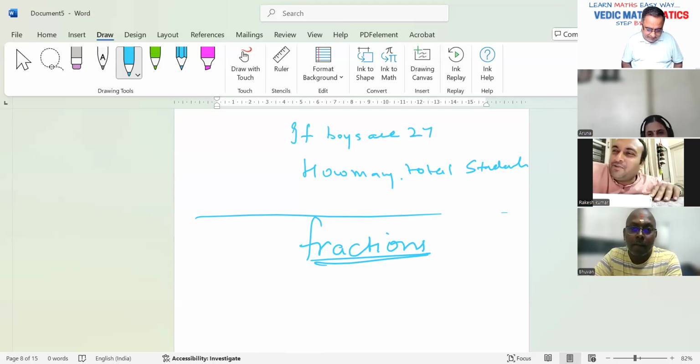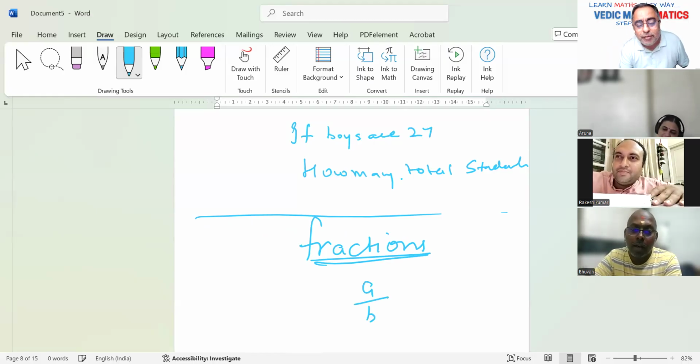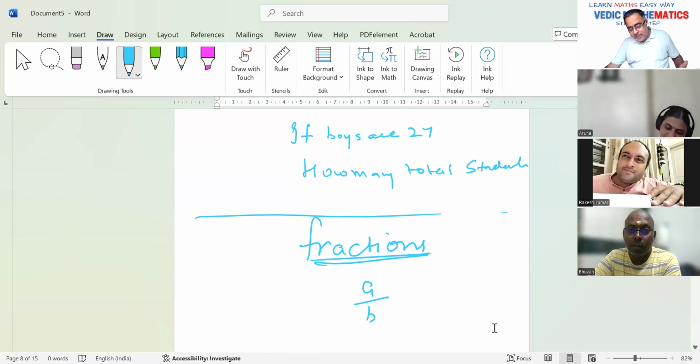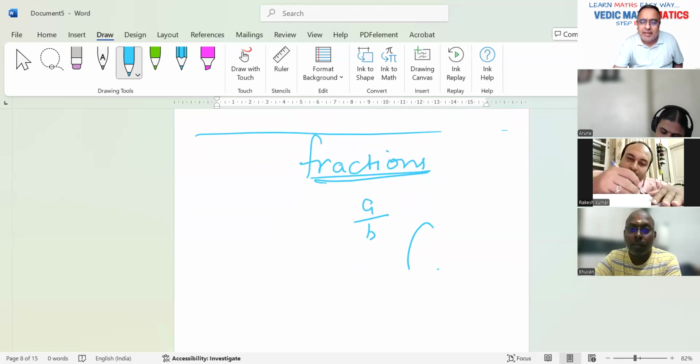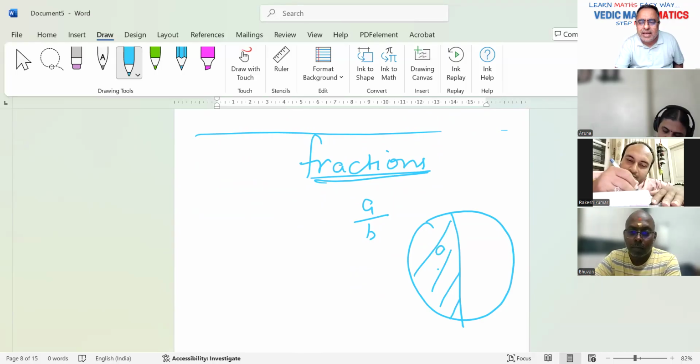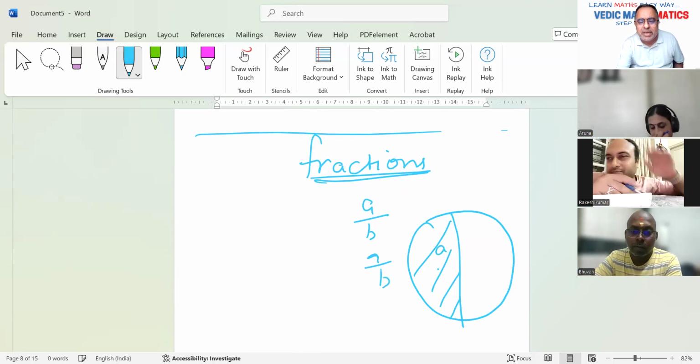A part of a whole. A number that represents a part of a whole and is written in the form of A by B, where B is your complete and A is that part. If this is complete and this is A, it can be written as A by B, right?